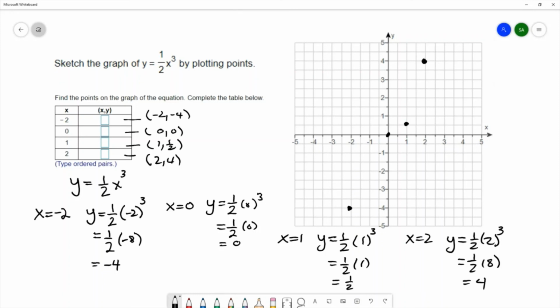And we're going to sketch out this graph of a cubic. It looks like this. I didn't do a great job of drawing that, but it's a sketch. So we have the graph of y equals 1/2 x cubed.